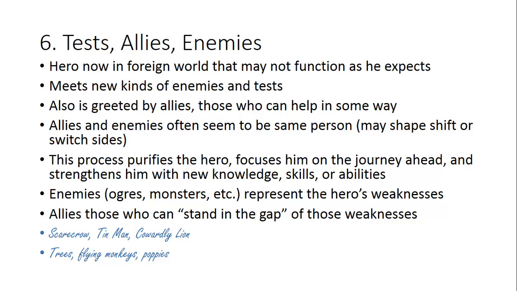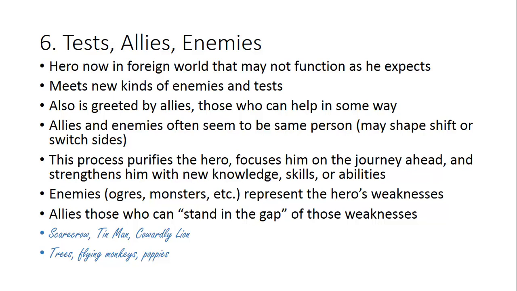Gollum is incredibly useful and in fact necessary for the quest of destroying the ring to be completed. However, it would be very hard to call him an ally to Frodo and Sam. So he plays back and forth across that boundary. So allies and enemies isn't necessarily a black and white kind of distinction.